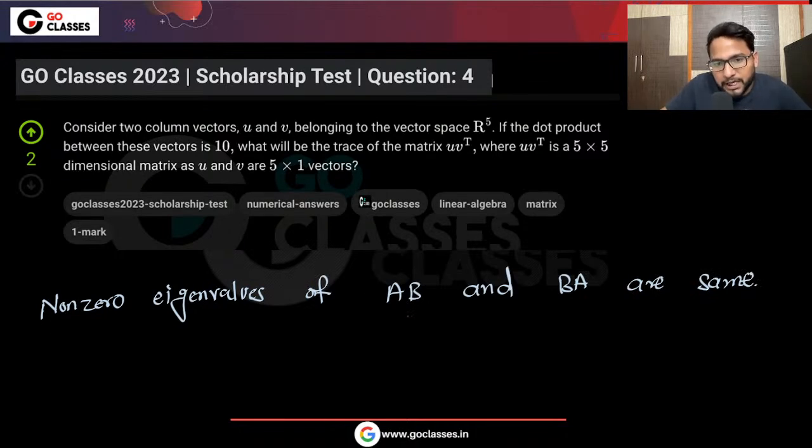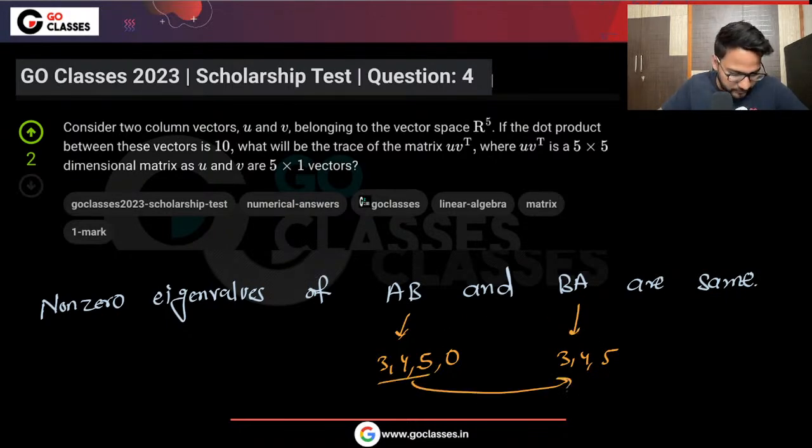Let's suppose AB is having 3, 4, 5 as its eigenvalues. Then BA must be having 3, 4, 5 eigenvalues. If this is 0, then it doesn't matter. Zero need not be copied, but non-zero will definitely be copied. Have you seen that lecture? I have talked about the proof also, that eigenvalues of AB and BA are same, the non-zero at least.